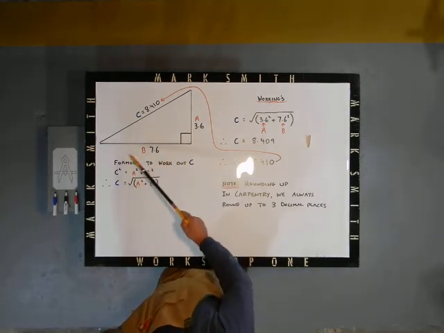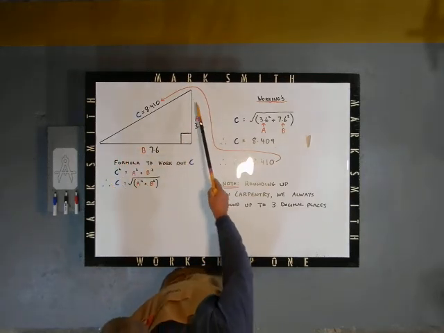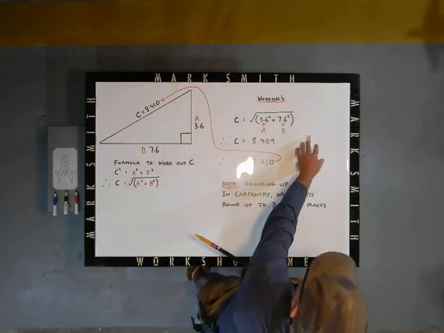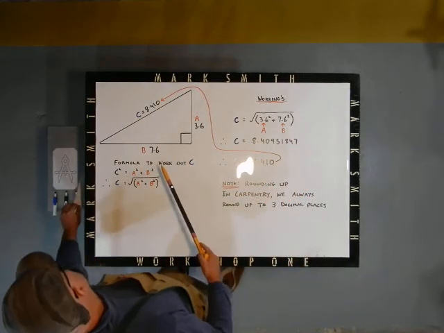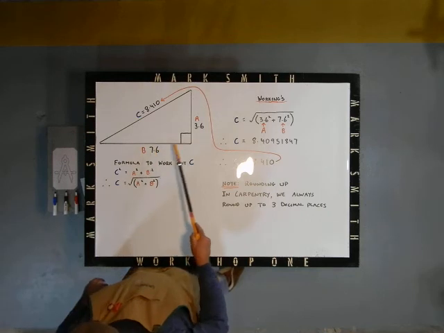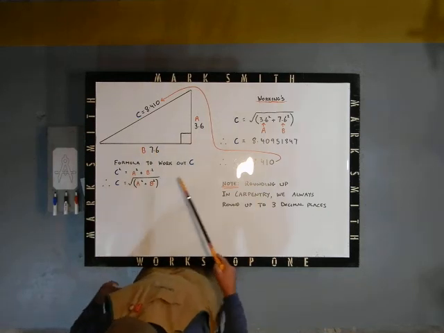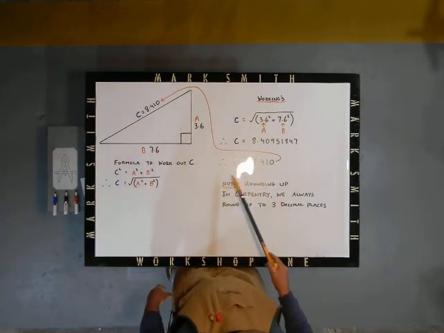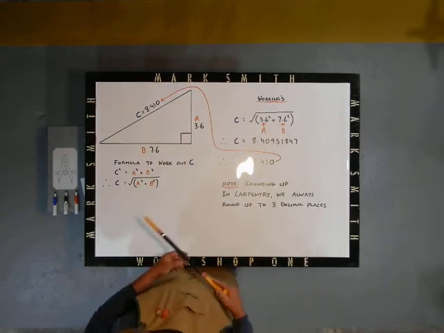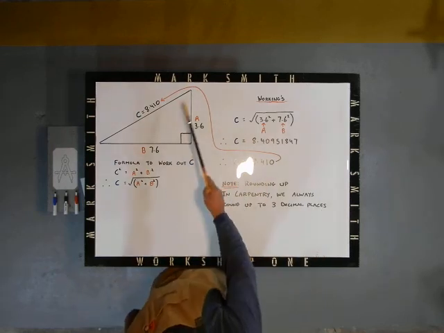As I said, if you use this formula, write it down first, draw your triangle and put in your known measurements, following these simple steps you'll be quite confident in working out the hypotenuse of a triangle.